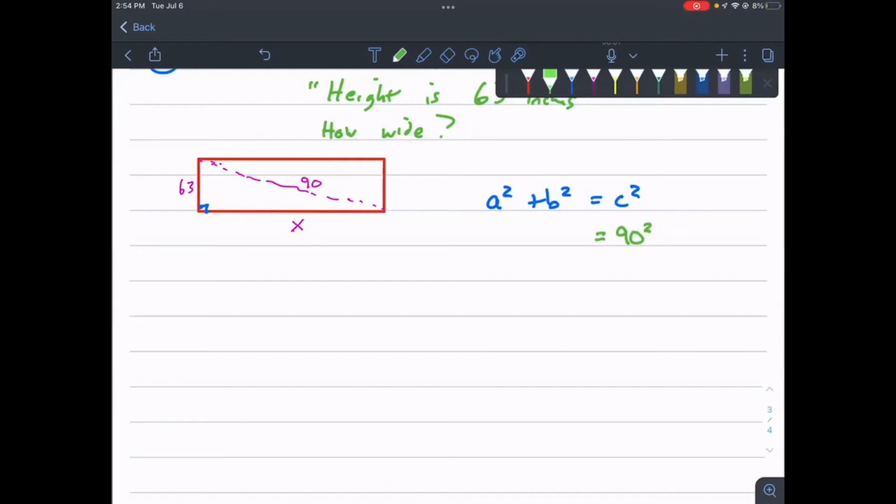B, let's say we don't know A. Well, actually, it doesn't really matter. Either of these sides, as long as you've got C right, 63 can be A or B, X can be A or B. Let me go ahead and make this B. So we'll let 63 be A. B we don't know yet.